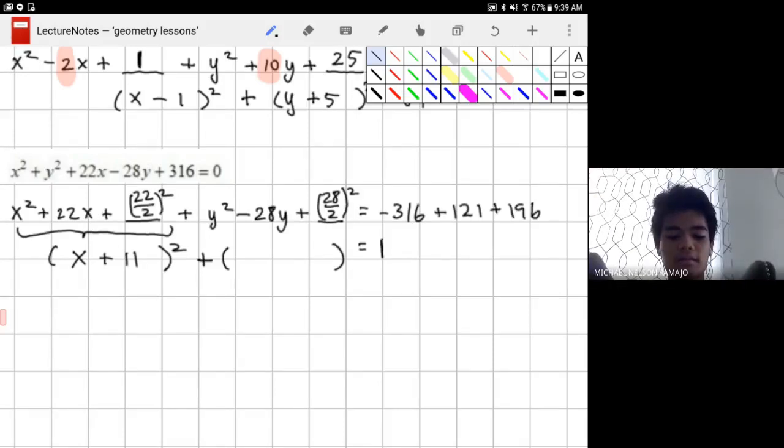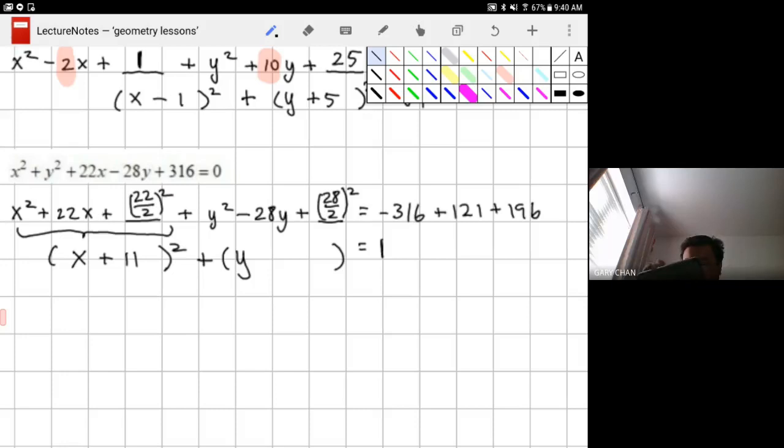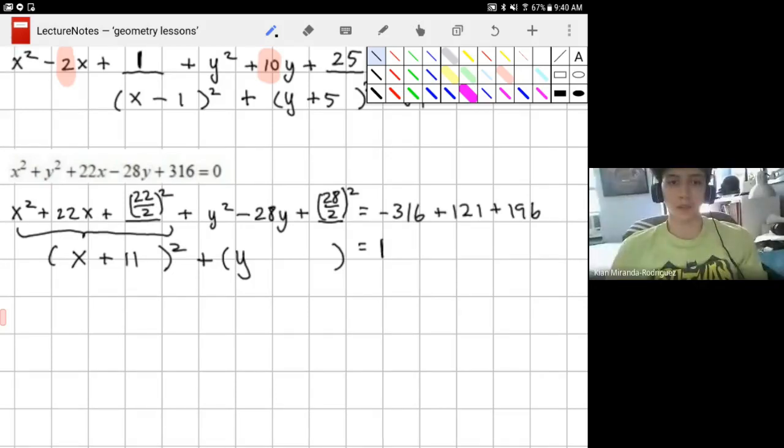Let me see. It will turn into... Well, is it going to be y plus or y minus? Oh, it's C then. This is the only option with x plus 11.